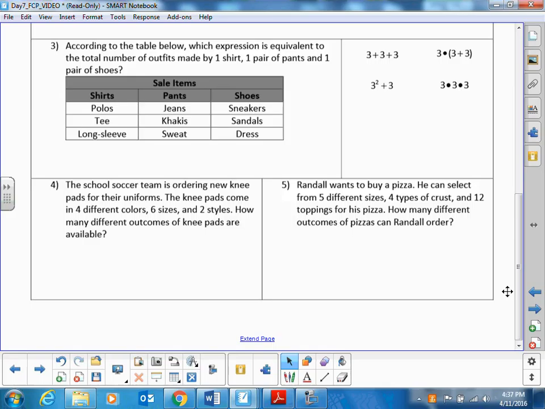So again, with fundamental counting, you're just taking the different number of options, and for each category, you're multiplying the number of options to find the total number of outcomes, and your answer is always, always, always a whole number. The only time that you're going to find probability written as a fraction is if they're asking for a specific event.